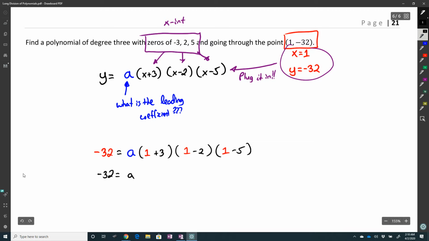1 plus 3 is 4. Negative 1. Negative 4. Negative 32 equals double negative is 4 times 4 is 16. And notice that when I do that, I can solve for it, and I get exactly what Desmos was telling me.